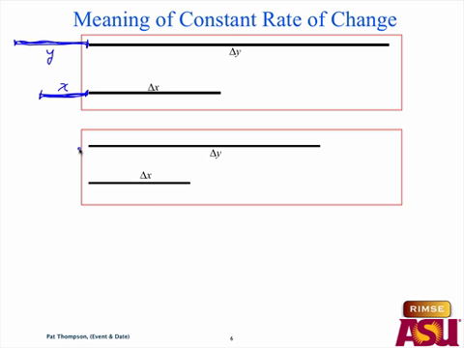Okay, so the proportion between the two remain the same, and they're constant. Anybody else? What stays the same? The rate at which they change.